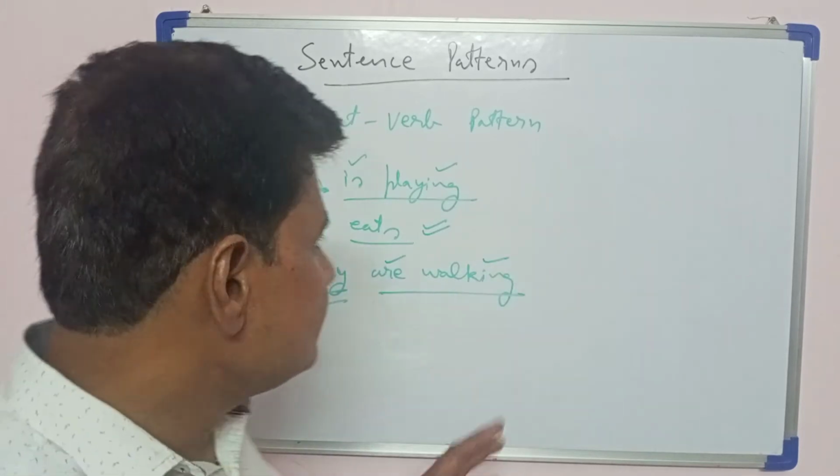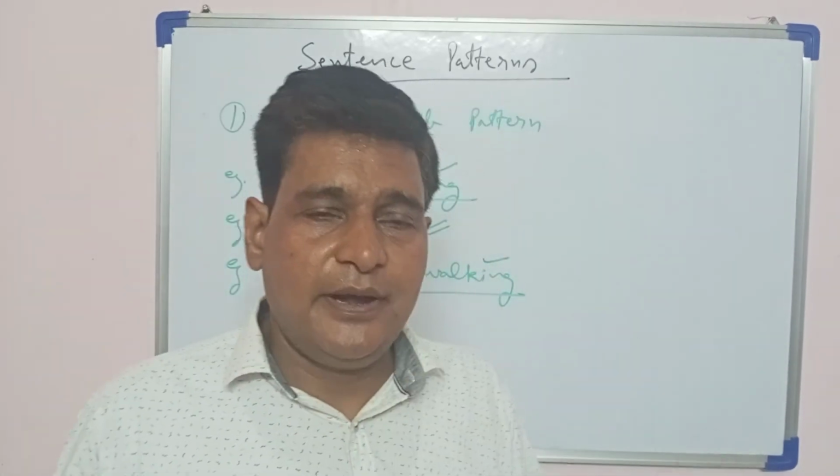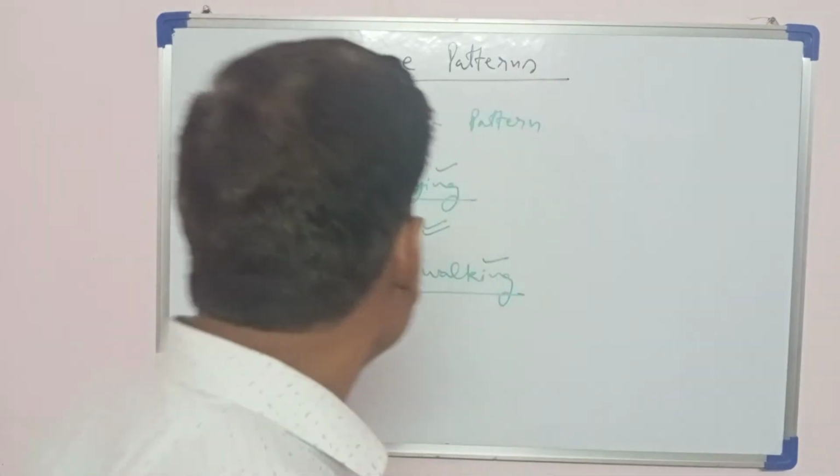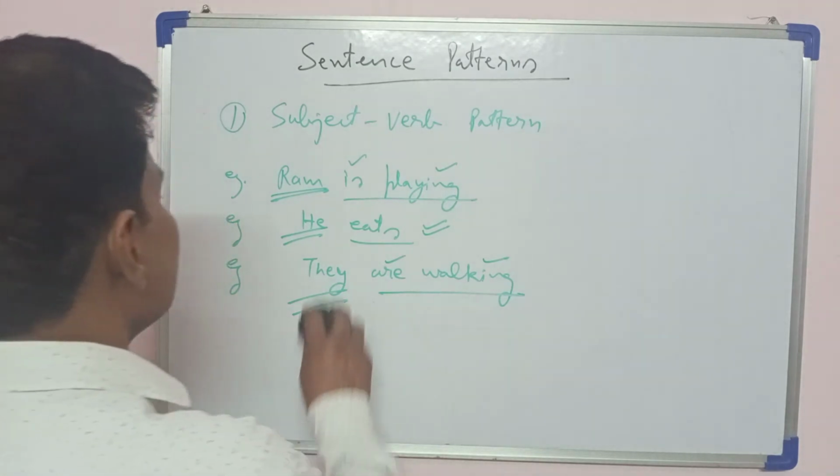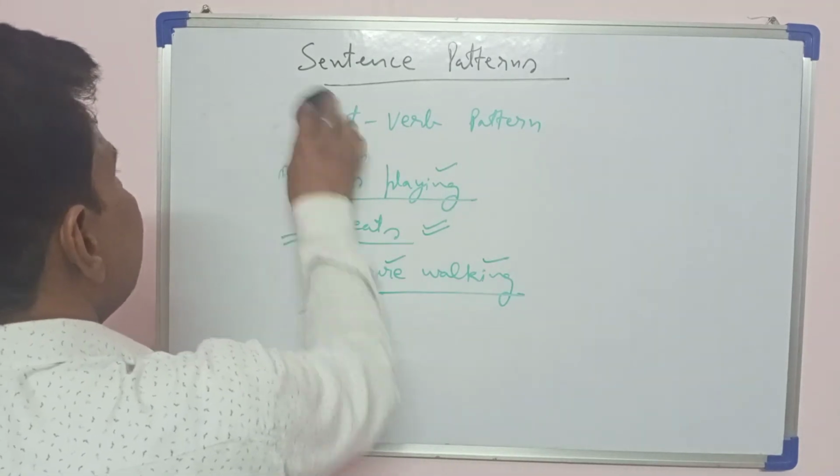So let's understand the next pattern, that is subject, verb, object.